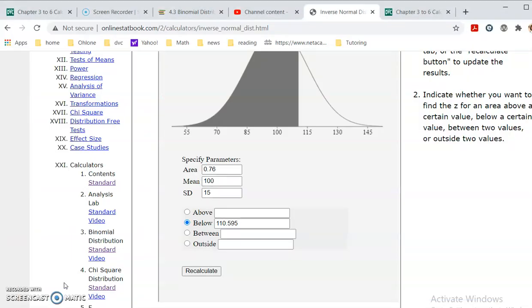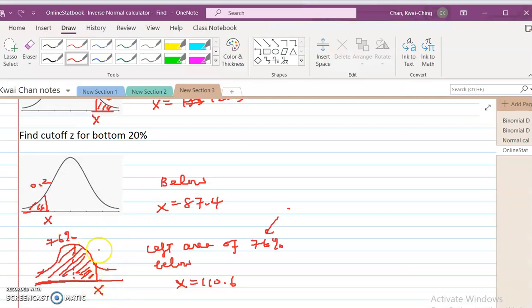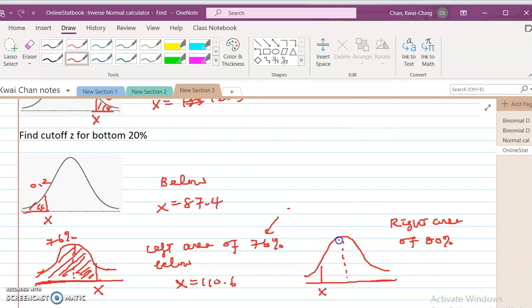Okay, and the same for right area. So if you say, oh, I have a right area of, this is really not very common, but what corresponds to a right area of, say, 80%? Right would be on the right side, right? So it's usually smaller than 50%. But if it is greater than 50%, that means this is the cutoff, so that on this right side, this is 80%, right?